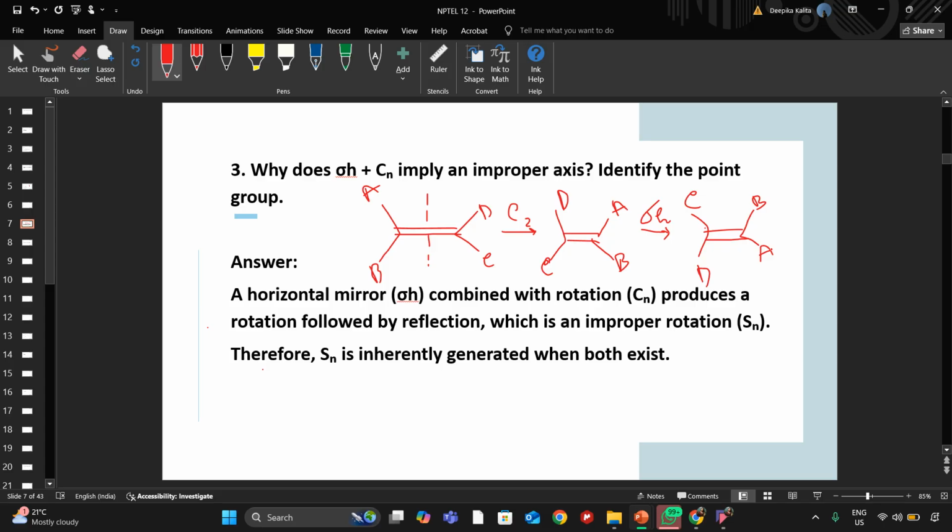Also, the point group you have to write down will be Sn.